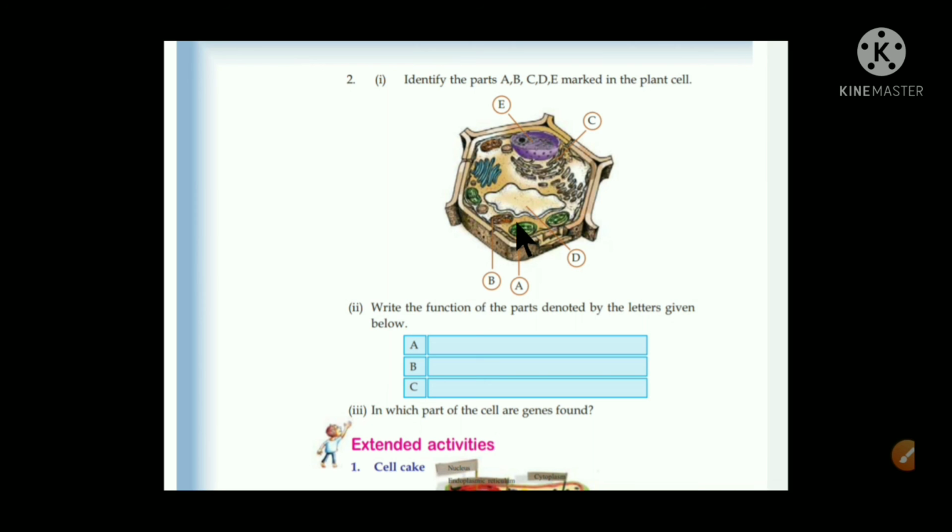It can perform photosynthesis. Then B, mitochondrion: it synthesizes and stores energy. Next, C, endoplasmic reticulum: it acts as a passage inside the cell.